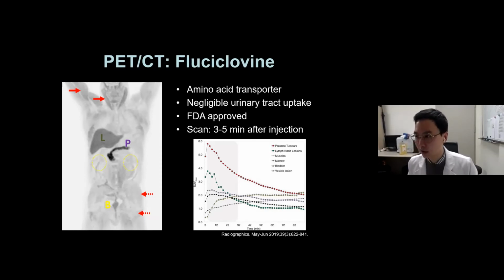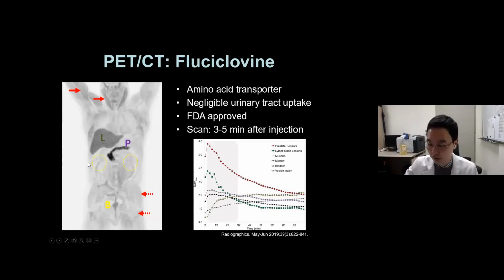Yeah. And the next is fluciclovin, which is known as FACBC, a fluorine-18 labeled amino acid analog that targets amino acid transport upregulation. You can see from the biodistribution that it differs from choline or FDG.